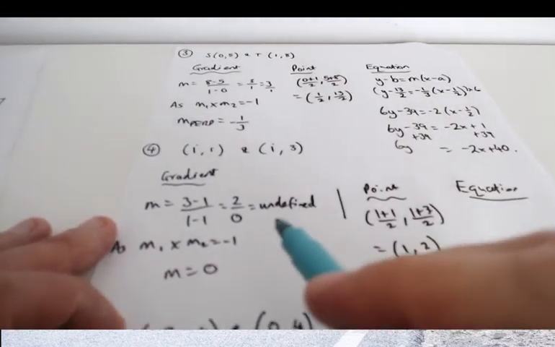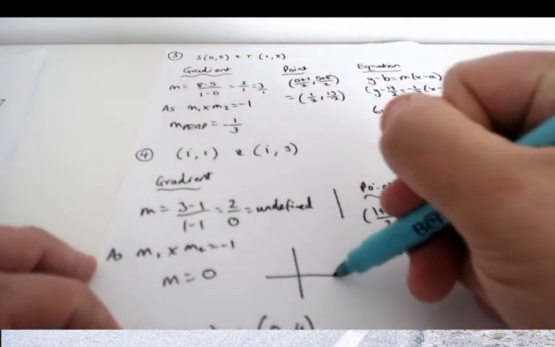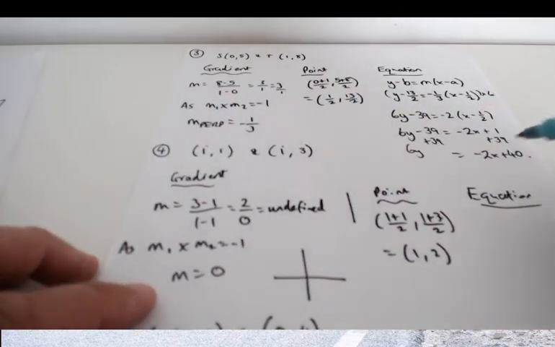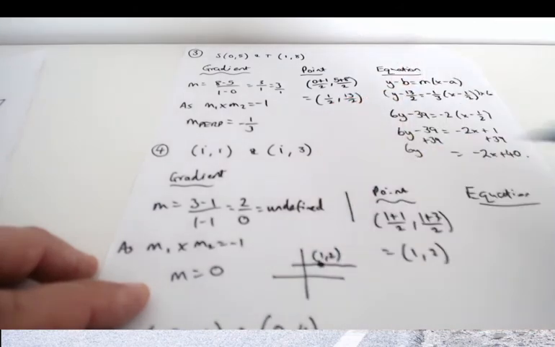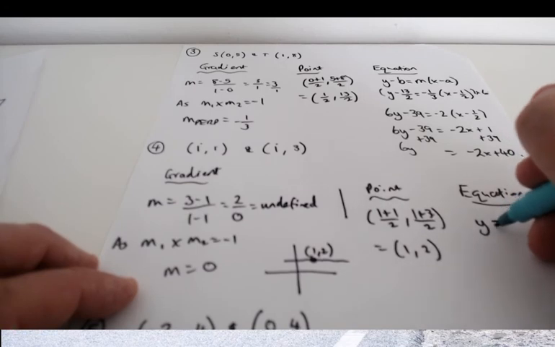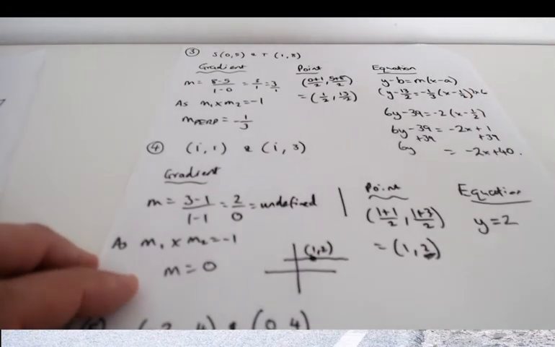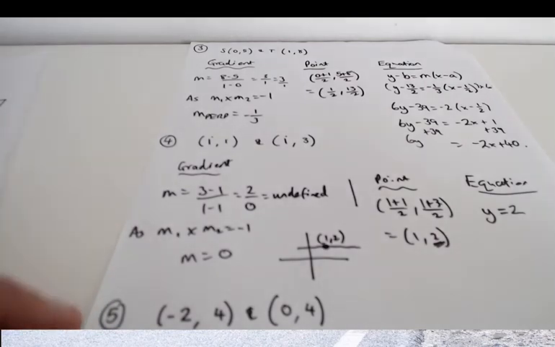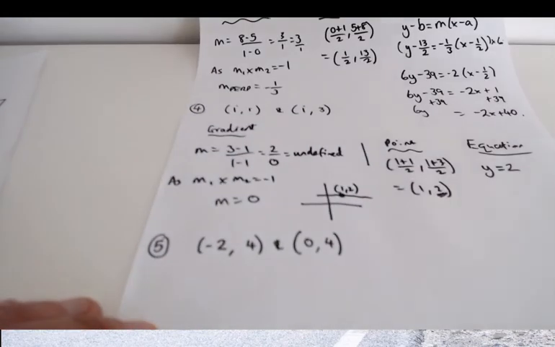I am writing out the equation of a line which is horizontal and goes through the point (1, 2). A horizontal line has equation y equals the y value. y equals 2. Don't have to go through the normal steps for that one because it's a special case.